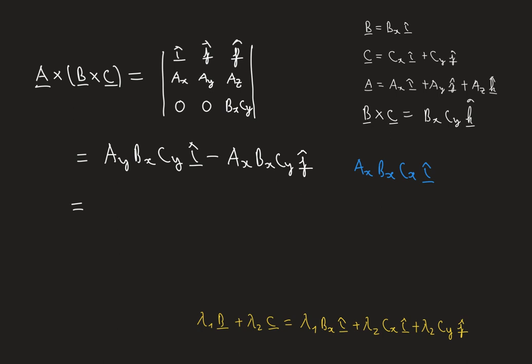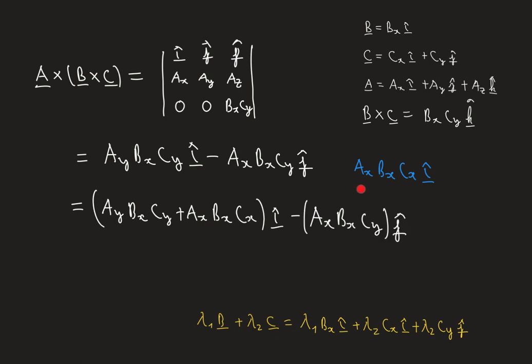So we add and multiply the vector that I wrote in blue here, and so what we get is ay bx cy plus ax bx cx in the i hat direction minus ax bx cy.